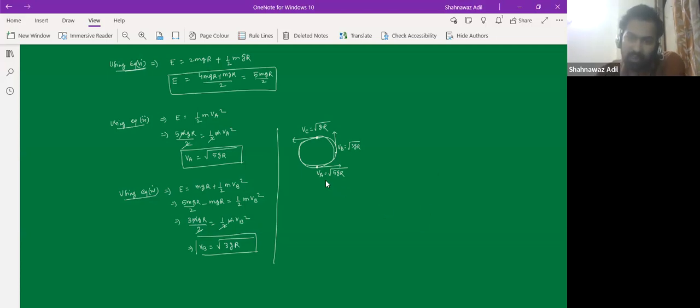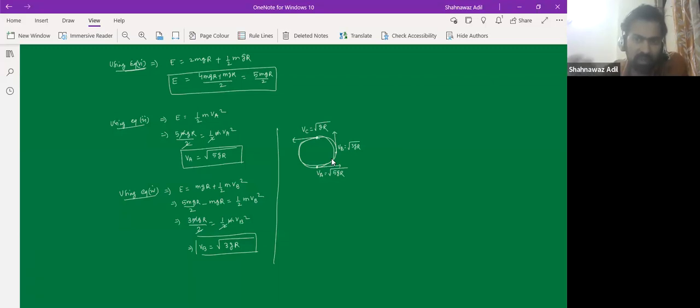So you see that the velocity is decreasing, right? This is the minimum speed that we should provide so that it completes one circle. If we provide more than this velocity, then it will surely complete a circle. You saw the example when I was rotating.